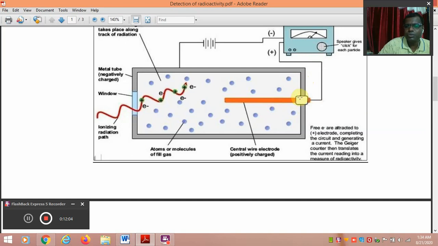So there is no connection between these two. One is the tungsten wire, and the other one is the wall of the copper metal cylinder.